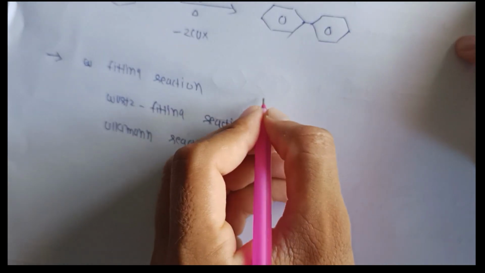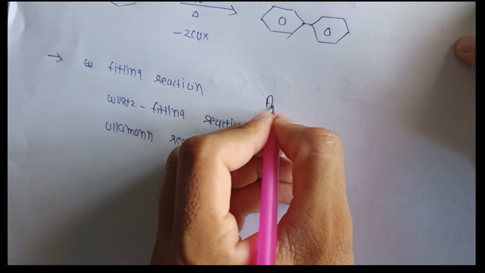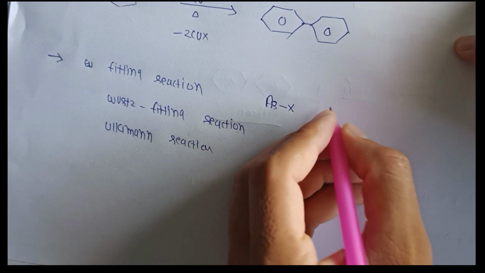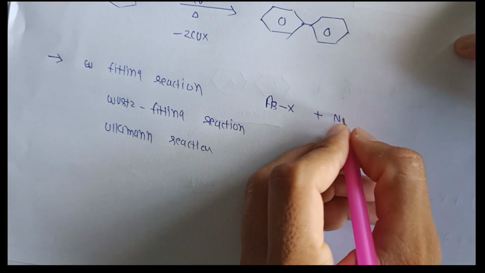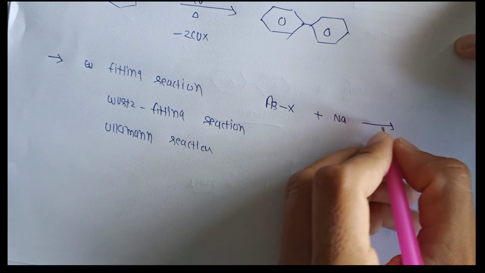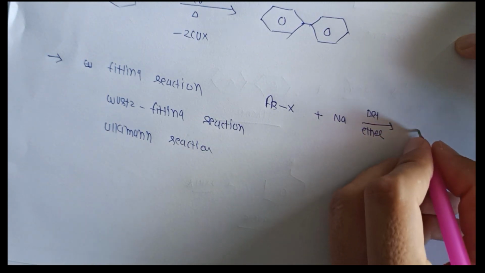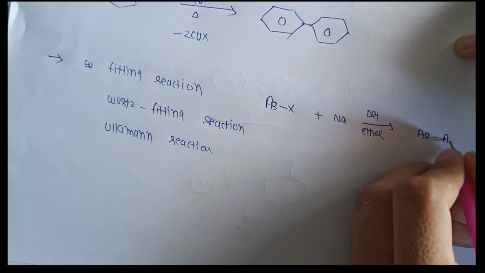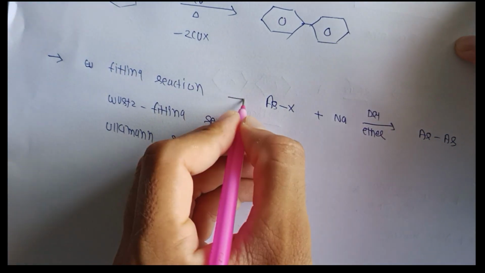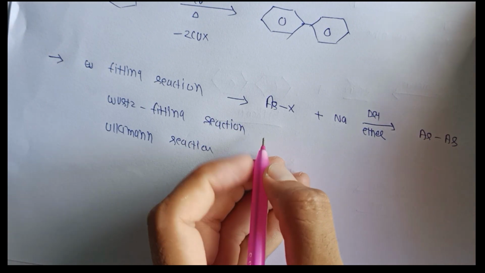In the Fittig reaction, an aryl halide compound reacts with sodium in the presence of dry ether to produce biphenyl. This is the general Fittig reaction.